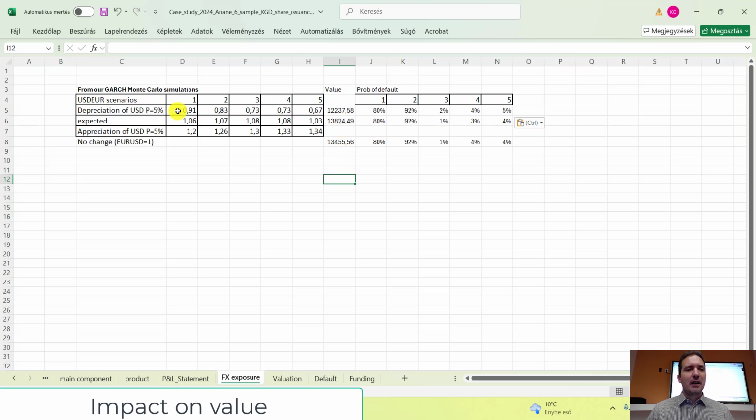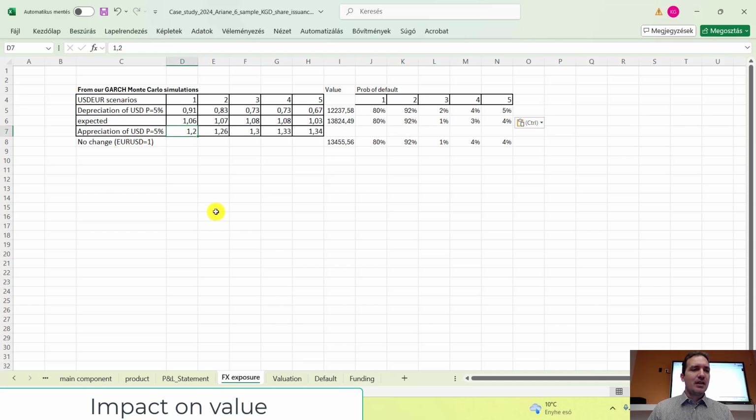So this is why I'm always mentioning that we should not achieve profitability through exchange rate changes. We should achieve or create value with our assets, not by other ways.